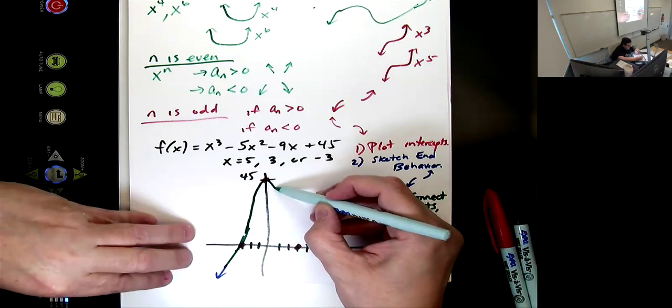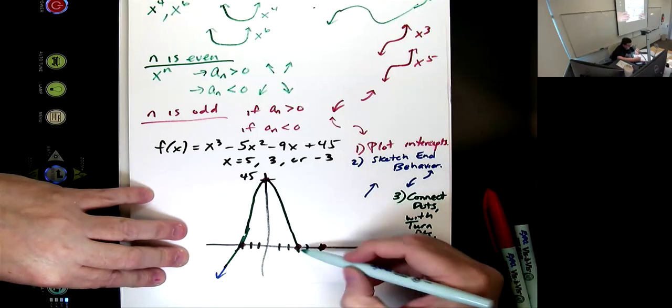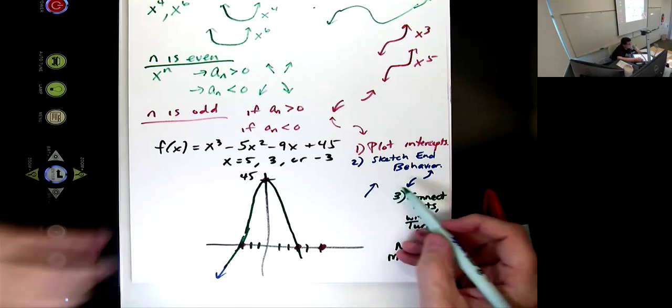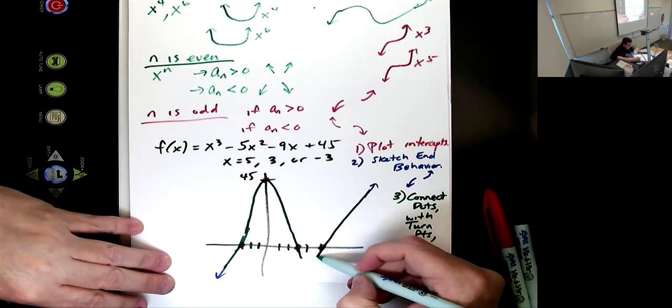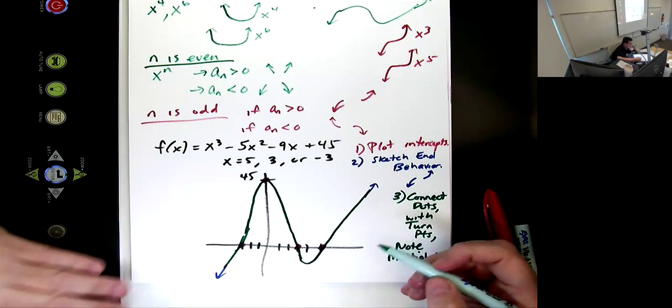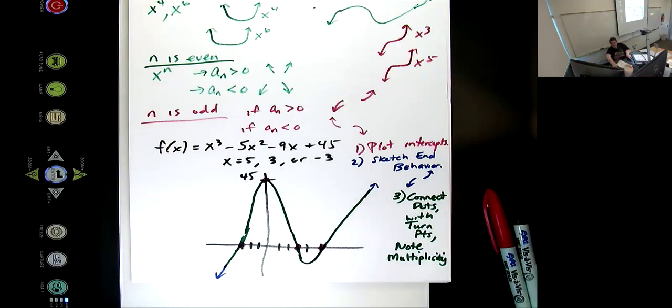I'm going to treat it like it's the turning point. And I know it's got to cross here, and I know this is coming in like this. I don't know how far down it goes, but I know it's got to go down and find a way to connect the dots. Let me load up Desmos while you're drawing that, and I will put this bad boy in.